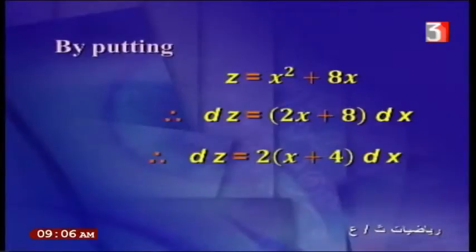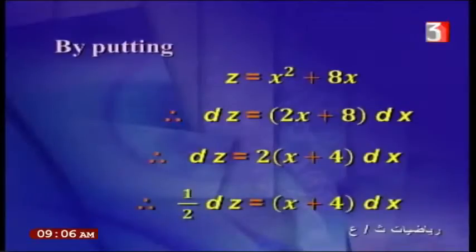Then dz equals 2 times (x plus 4) dx, where we take 2 as a common factor. So dz equals 2 multiplied by (x plus 4) dx. Then half dz equals (x plus 4) multiplied by dx.